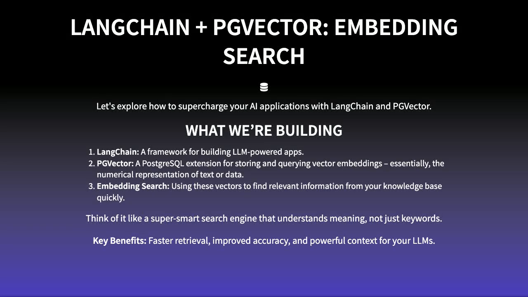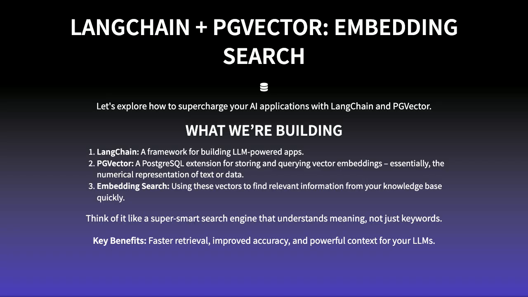Okay, so we're diving into a really cool combination here. We'll be using LangChain, which is like the glue that holds together lots of AI tools, and pgvector. This is a way to store vector embeddings in your PostgreSQL database. Basically, we are building an intelligent search system.